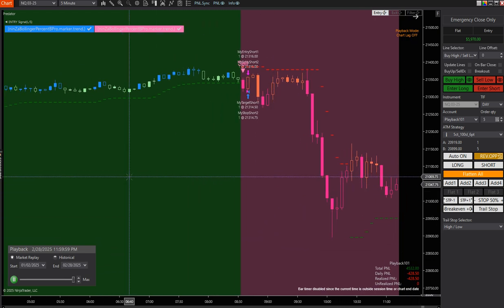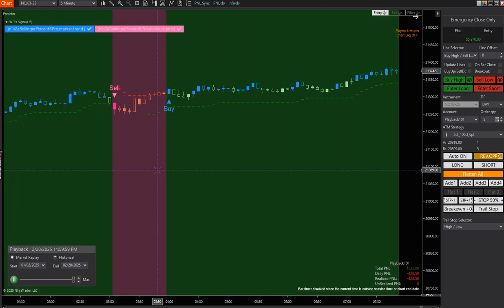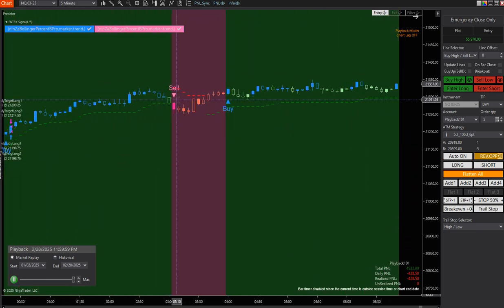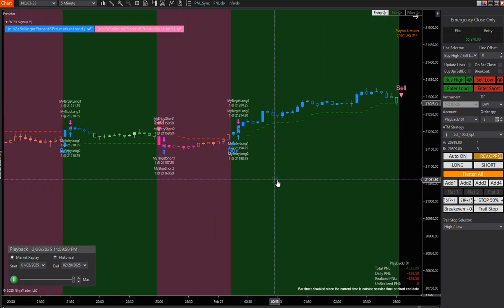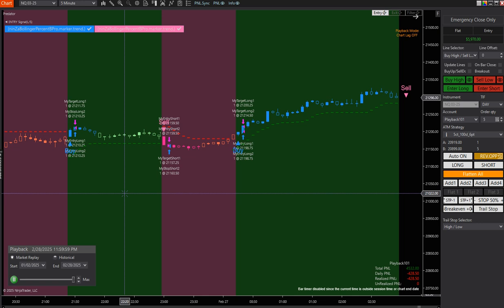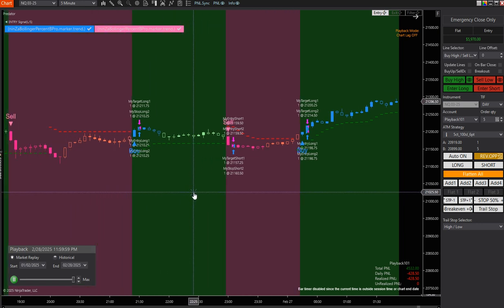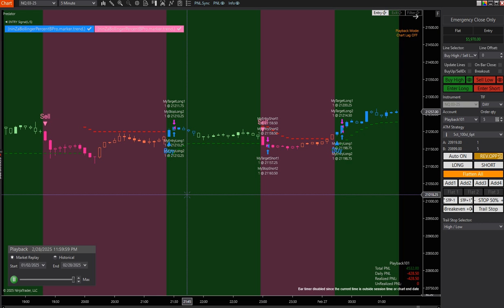These signals, the percentage B Bollinger Band indicator, paint these signals right here, sell and buy, and it also paints the background. Whenever you have a buy signal, it paints the background. You can see that this indicator is pretty good, gives you a good indication of where the market's going up or down.